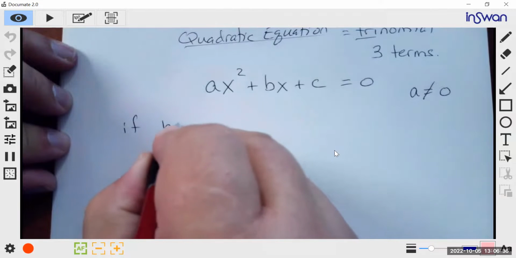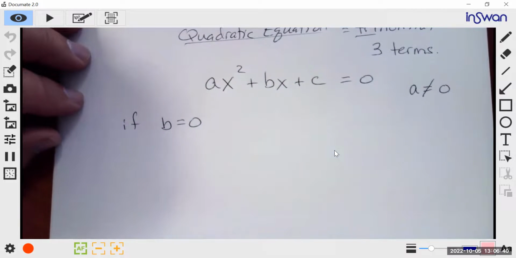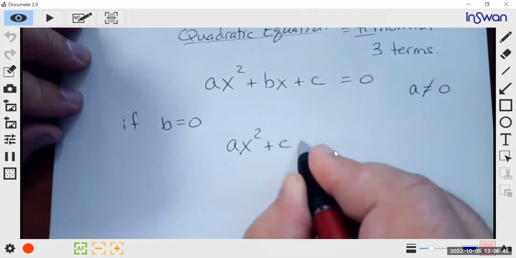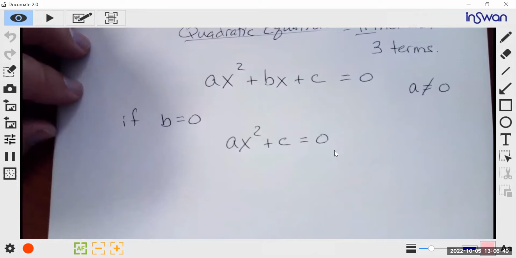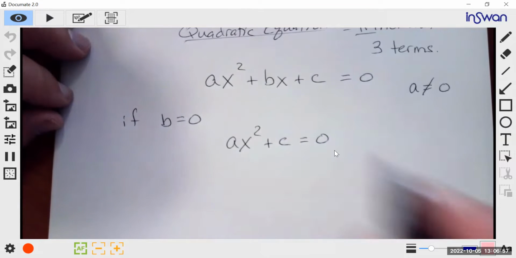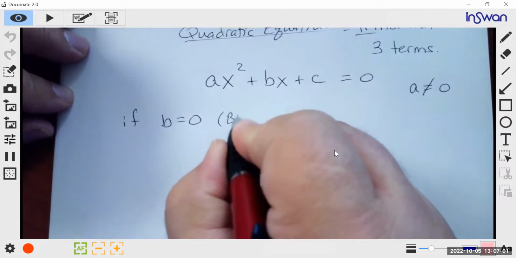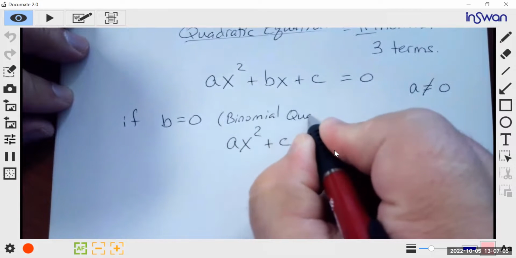What if b equals 0? Now we're going to look at, instead of trinomials, binomials. Binomial quadratic equations.